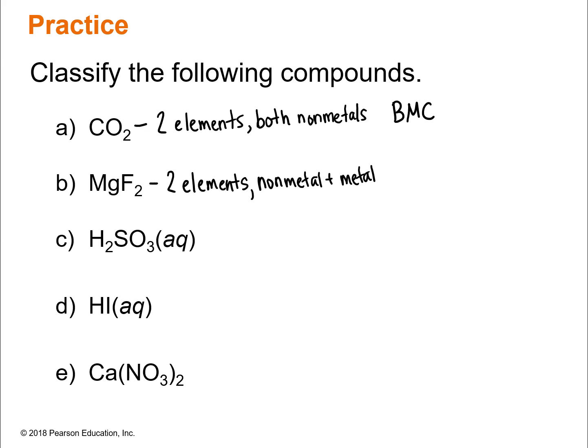So we've got two elements, one nonmetal and one metal. So we know it's got to be a binary something. And because it's one nonmetal and one metal, that tells us exactly what it is. So look at your notes. What kind of compound is this? Binary ionic compound.